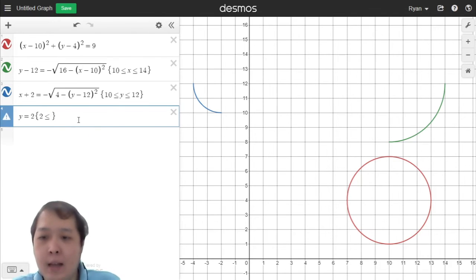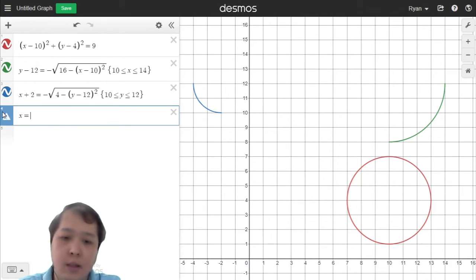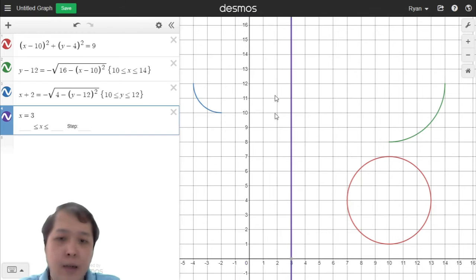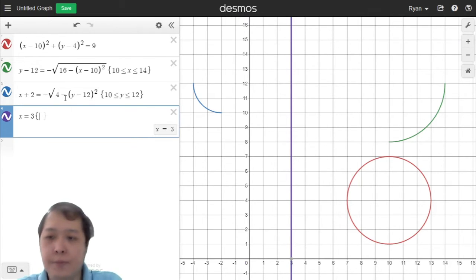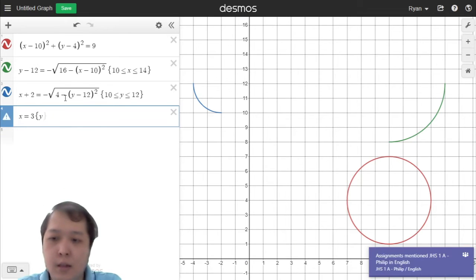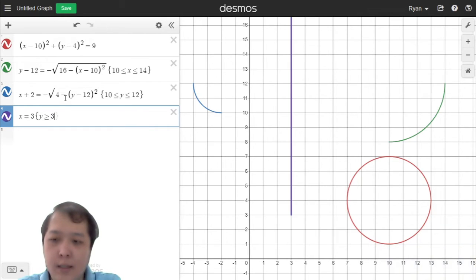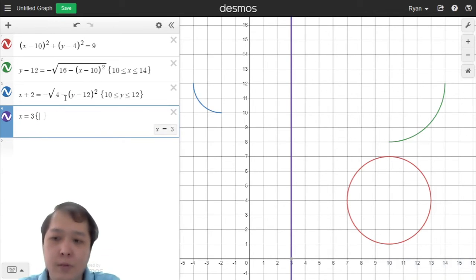For the vertical lines, we are going to use x equal to, let's say, 3 here, the purple line here, and we put curly brackets for the interval in y, of course. But we need a lower bound and an upper bound.